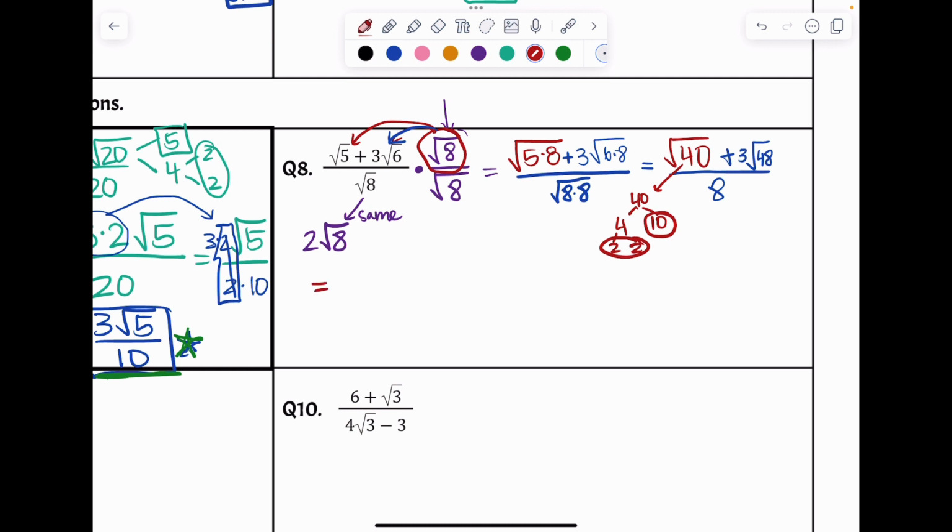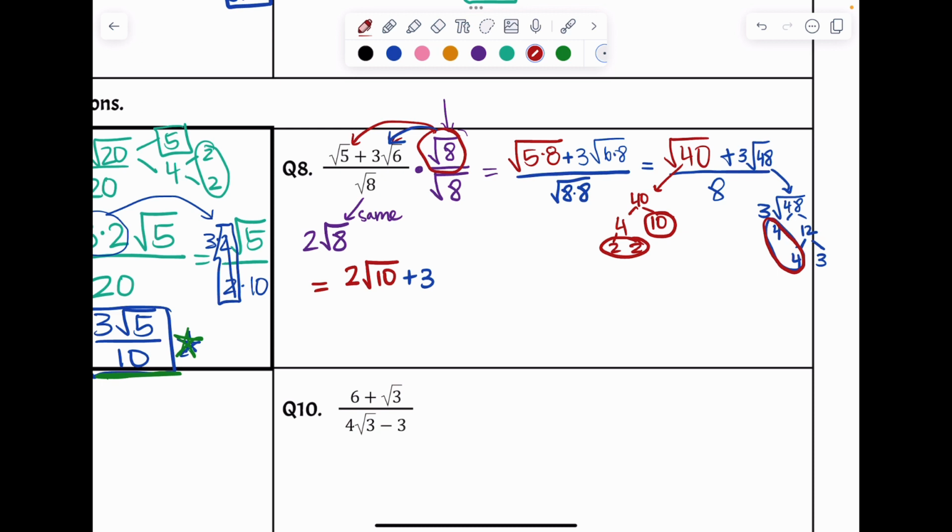So it should look like 2 rad 10 plus, this one's going to be 3 times rad 48. 48 is broken down into 4 times 12, and 12 has a 4 as well, so I have 3, and 4 can come out since it makes a perfect square.